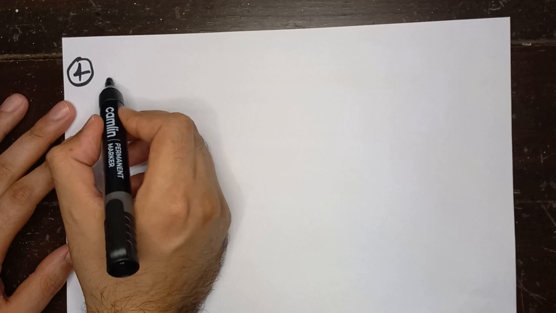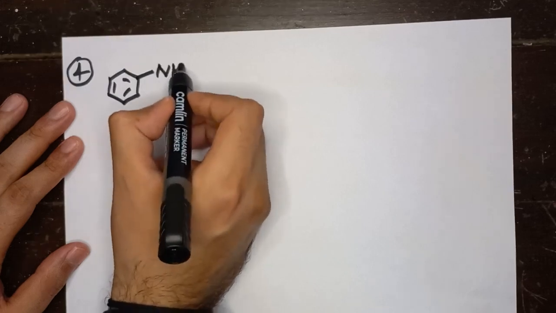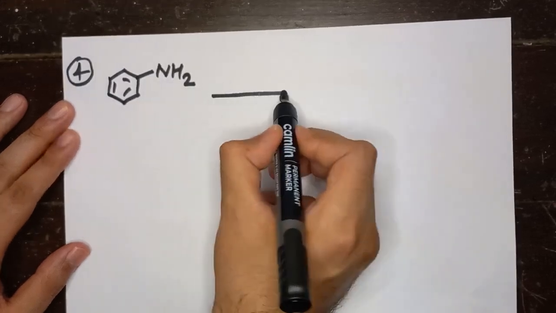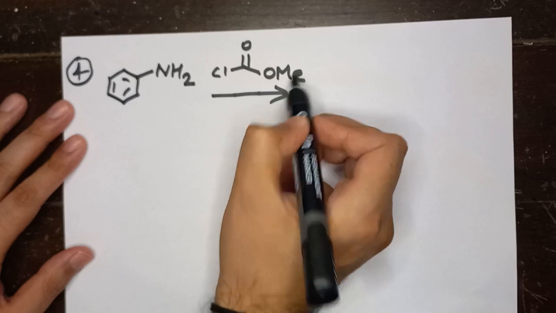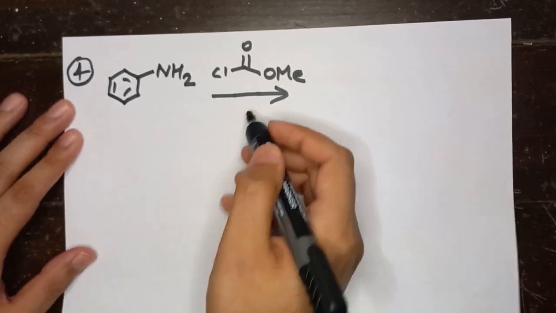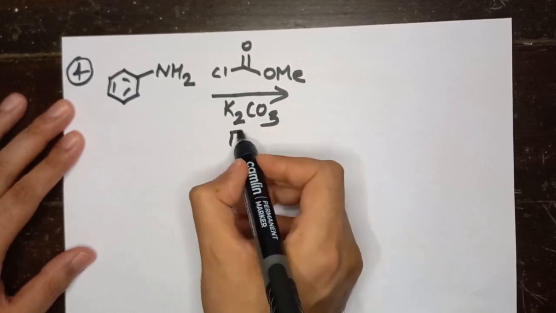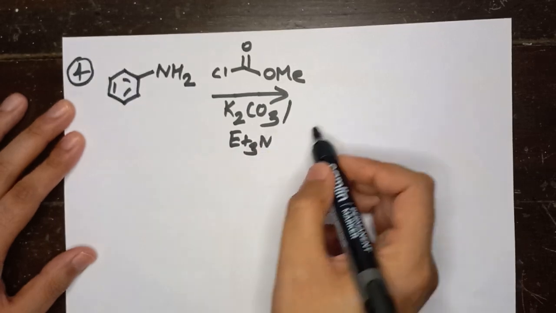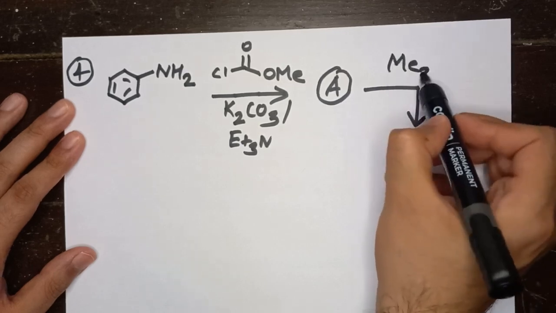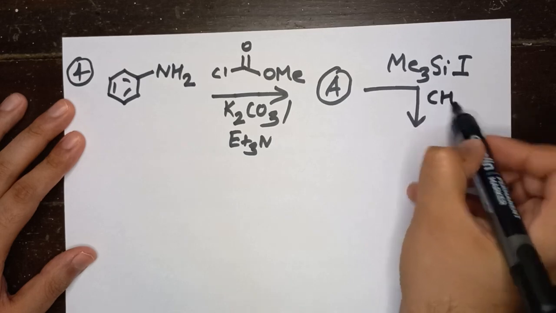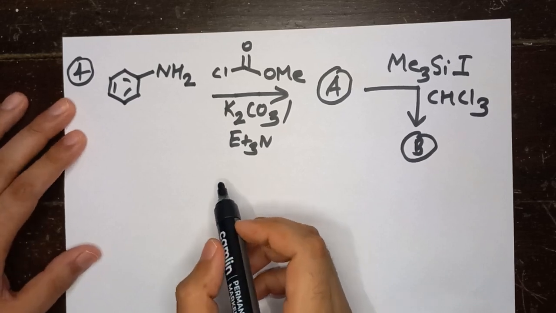So let's say I have aniline. Now this aniline, when reacted with this molecule, okay, in presence of a base, or you can also use triethylamine, so you will get A. Then this A reacts with trimethylsilyl iodide in chloroform, and you get B. Okay, so what is the reaction?